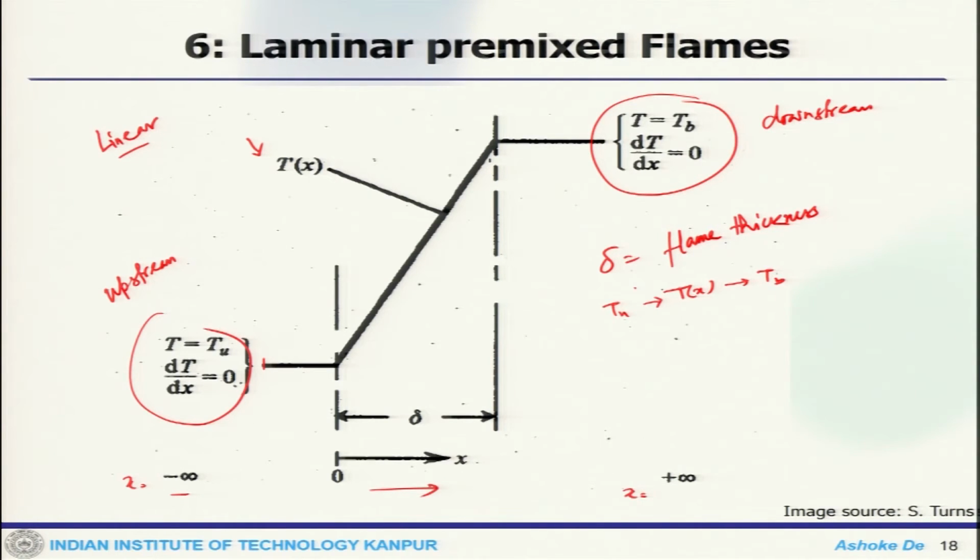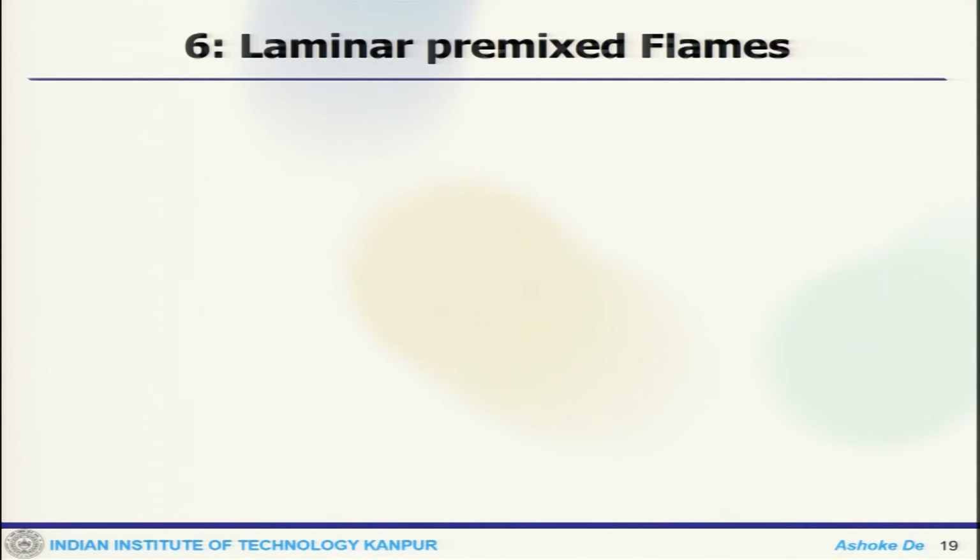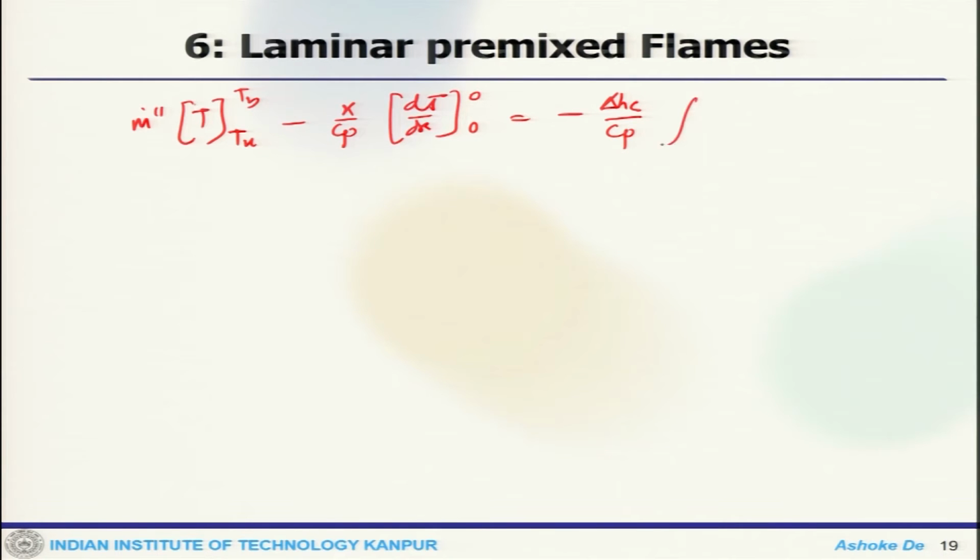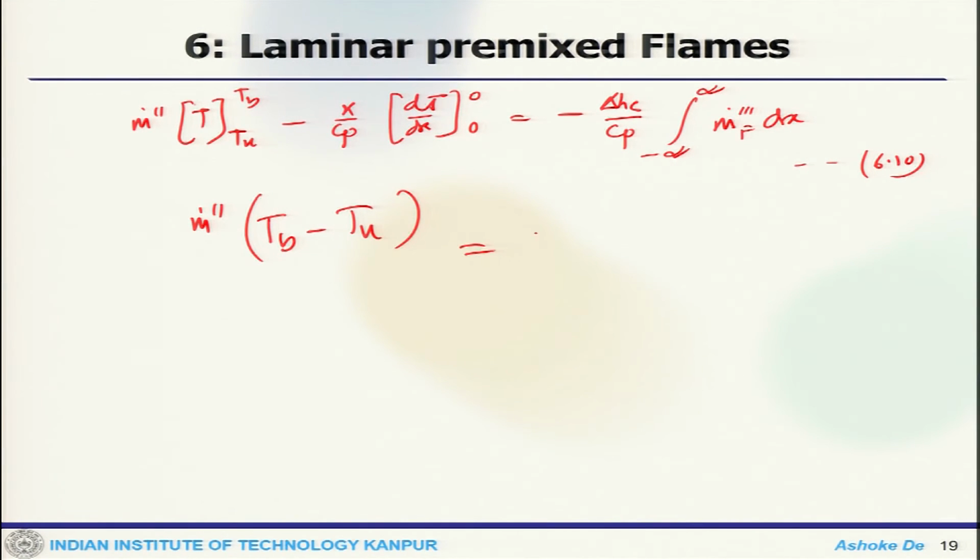Okay. Now, we integrate 6.7b and we get m dot (Tb minus Tu) minus kappa by Cp dT/dx, which is, with limits from minus infinity to infinity, heat of combustion by Cp times the reaction rate dx.